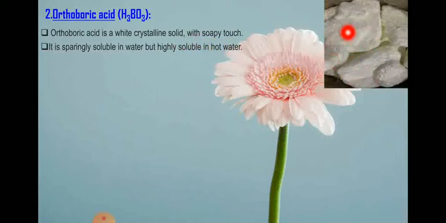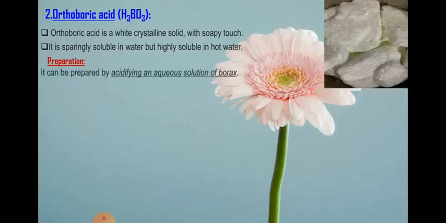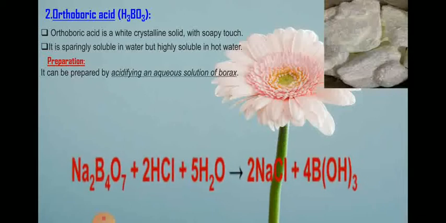When you touch this white colored crystalline solid, it's soapy to touch. This is sparingly soluble in water, not easily soluble, but highly soluble in hot water. In hot water, this white colored crystalline solid of orthoboric acid easily dissolves.